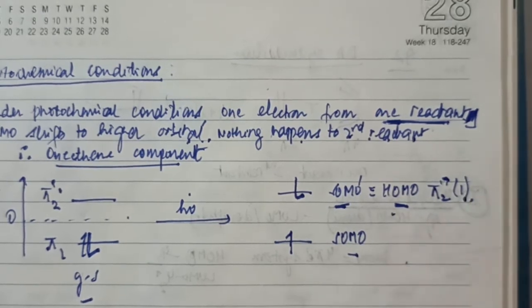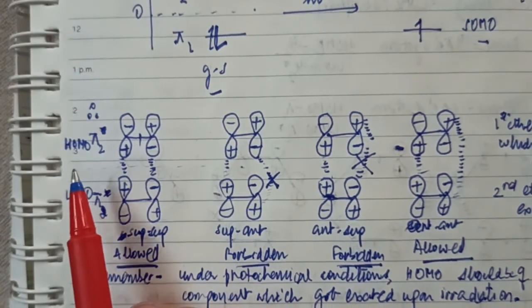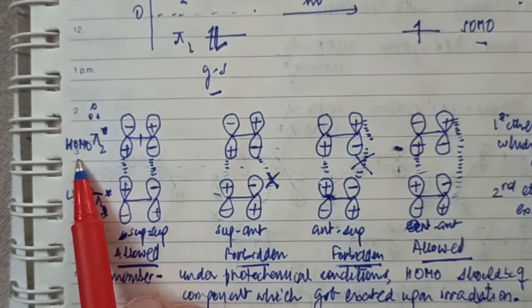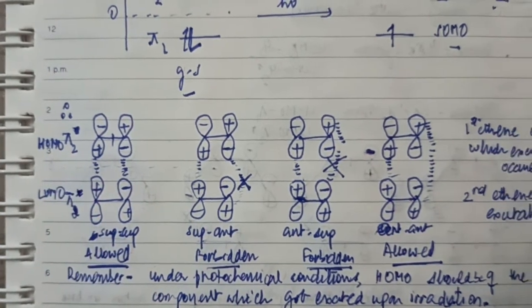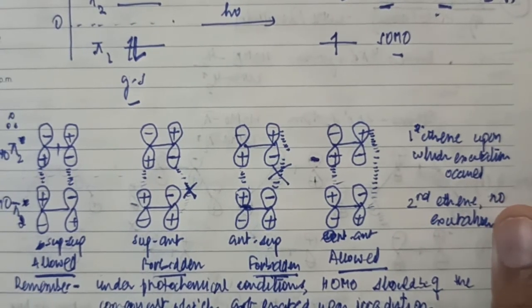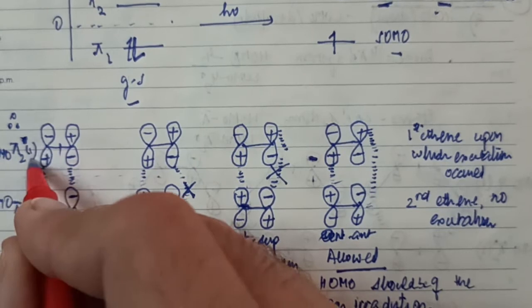This is the difference between thermal and photochemical reactions. Earlier, the HOMO in the thermal reaction was pi 1 with 0 nodes, but now in the photochemical condition, the HOMO of the excited reactant is chosen. Therefore the HOMO becomes pi 2 star and has 1 node.